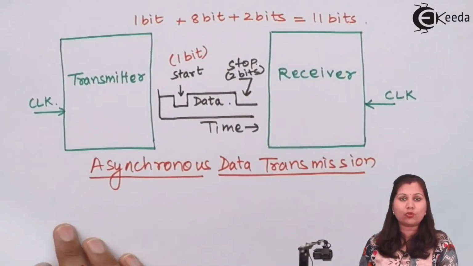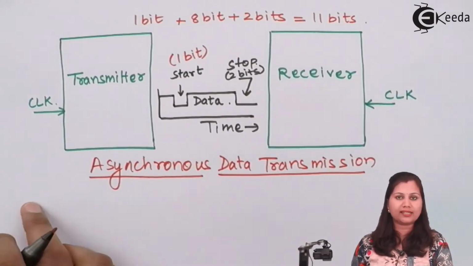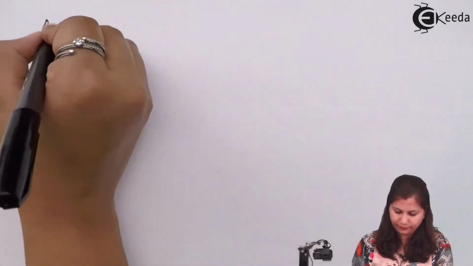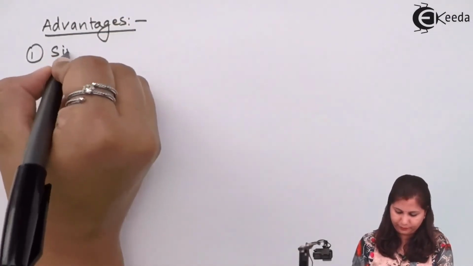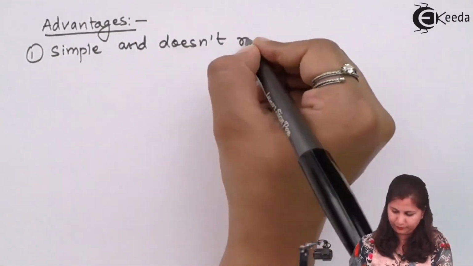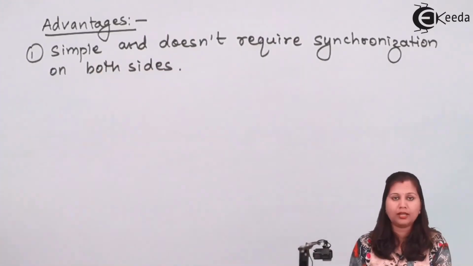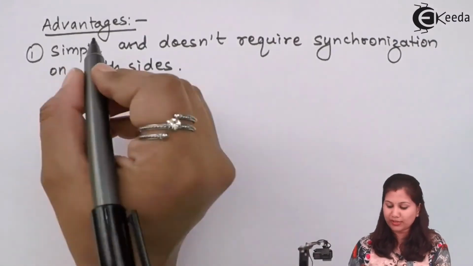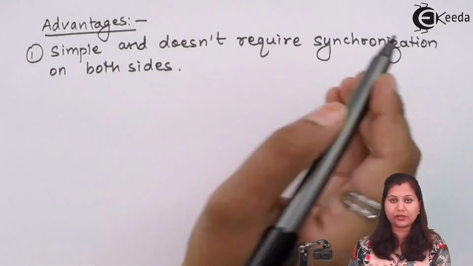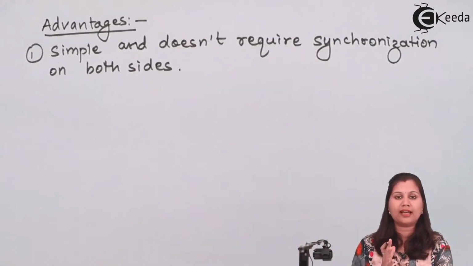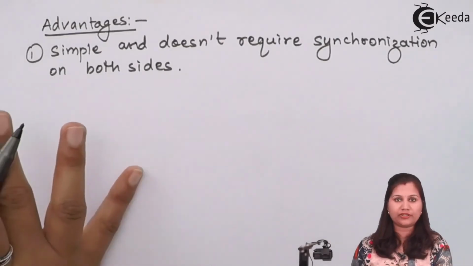Now let us see what the advantages of this asynchronous data transmission are. Asynchronous data transmission is simple and doesn't require synchronization on both sides, because both sides have their internal clocks separately, so no synchronization is required.